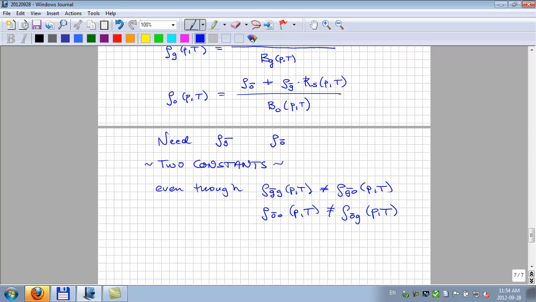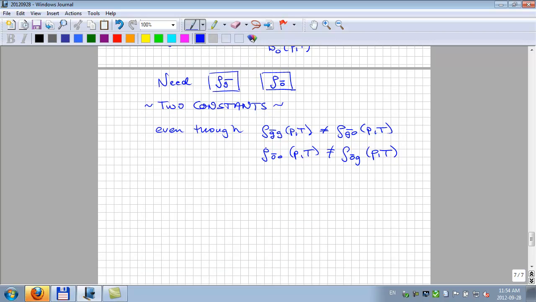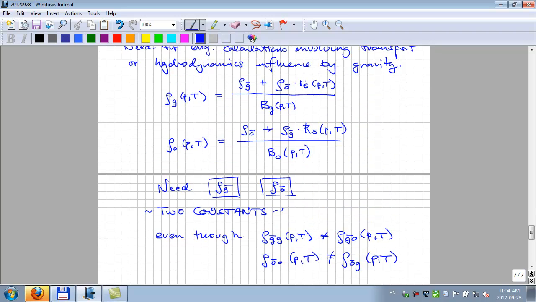So even though these things are all changing, we just simply say ignore it. Okay? We're only going to use two numbers. That is a fundamental part of the black oil PVT formulation. And they're used in these two equations here.